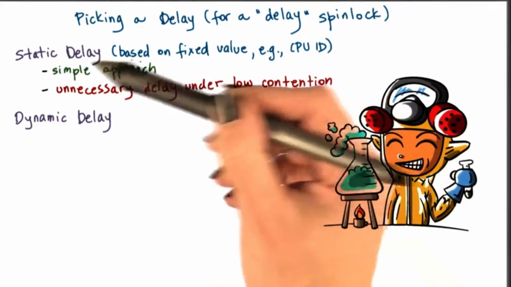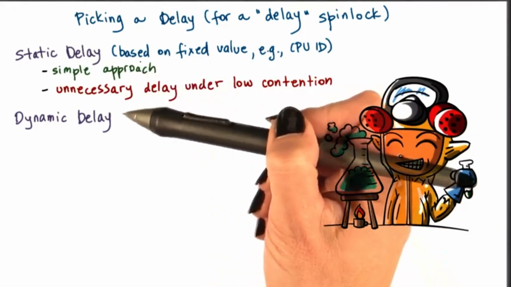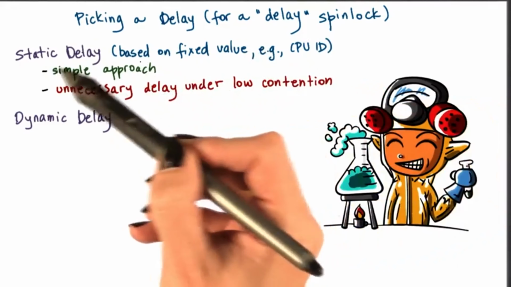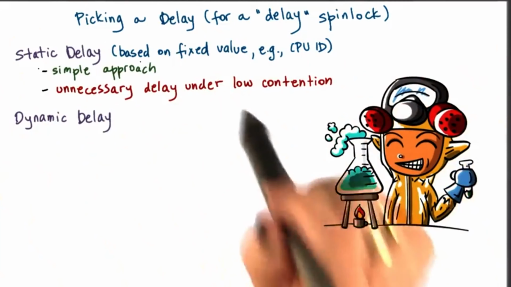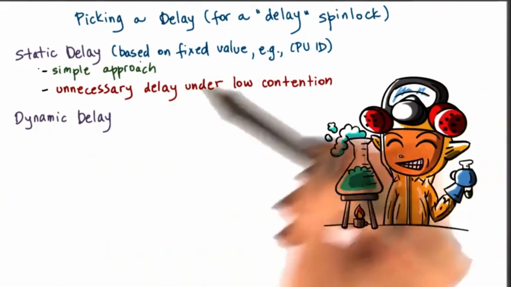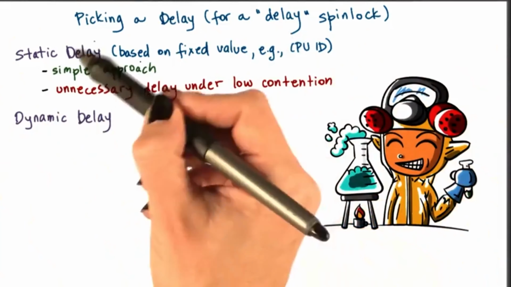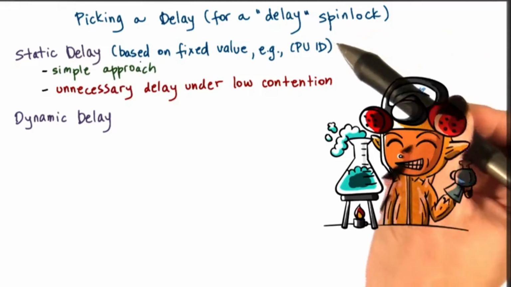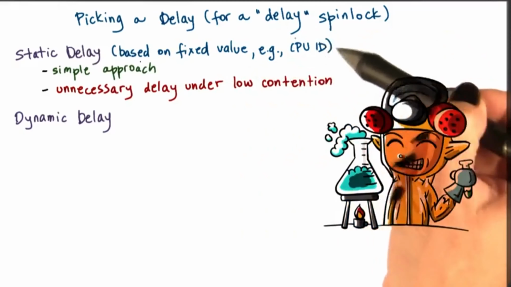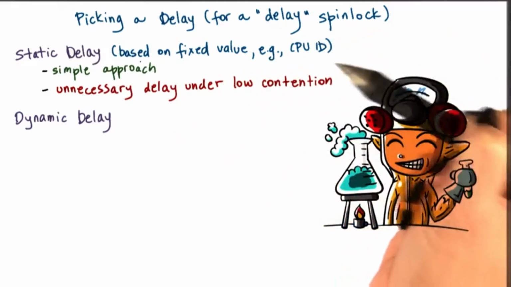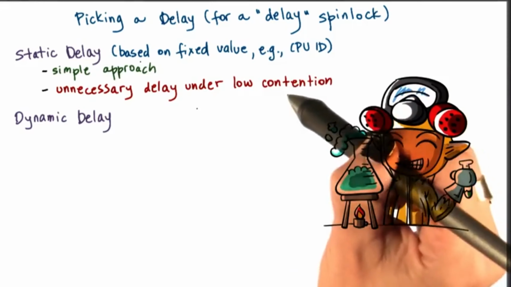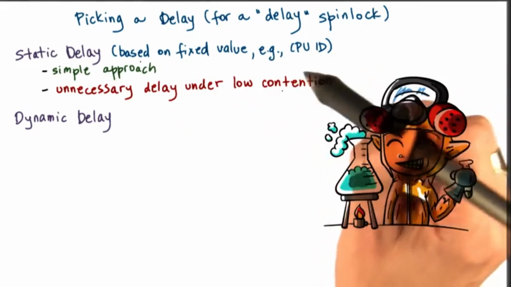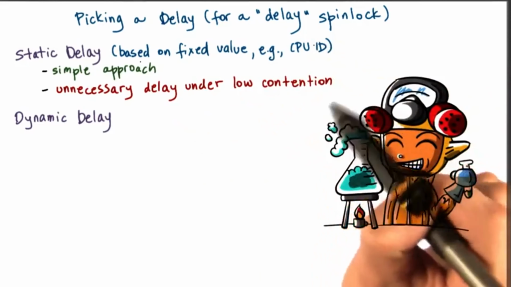The benefit of this is that it's a simple approach, and under high loads, likely the static delays will nicely spread out all of the atomic references so that there's no contention. Clearly, the delay will have to be a combination of this fixed information and the length of the critical section, so that one process is delayed one times the critical section, another process is delayed twice the critical section, and so forth.